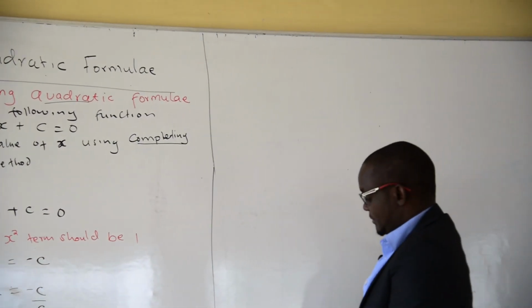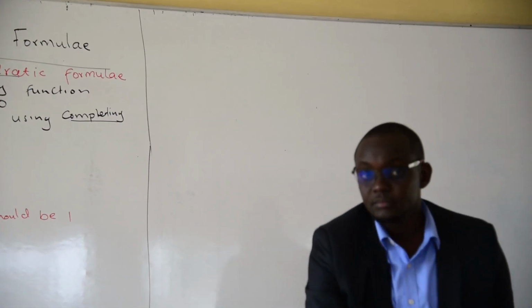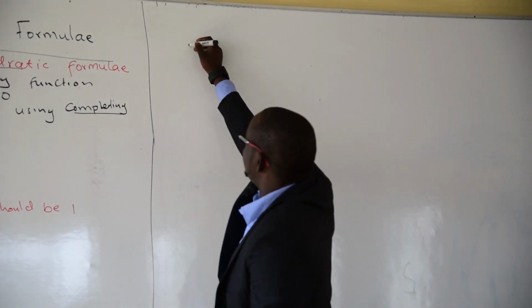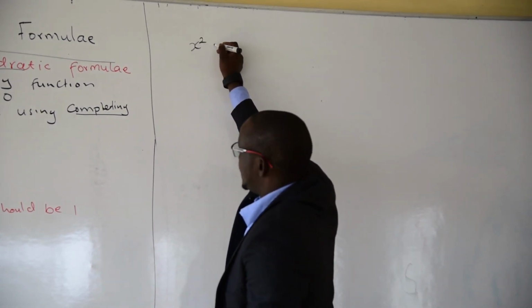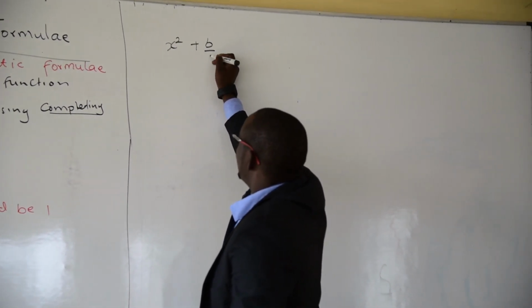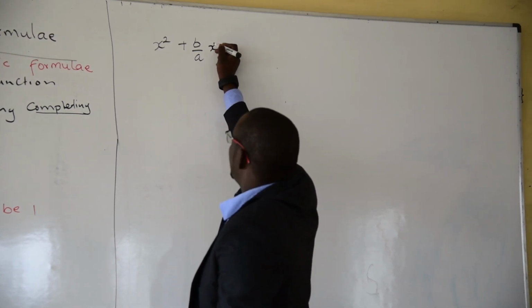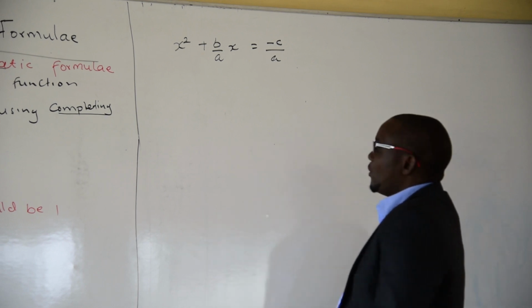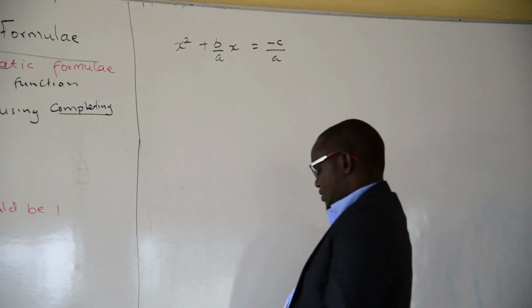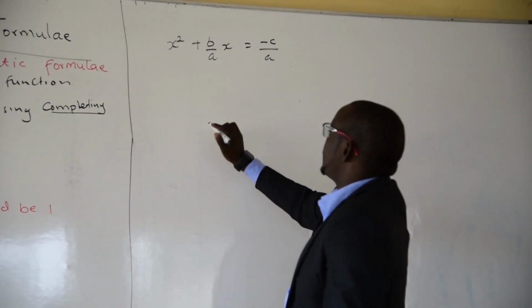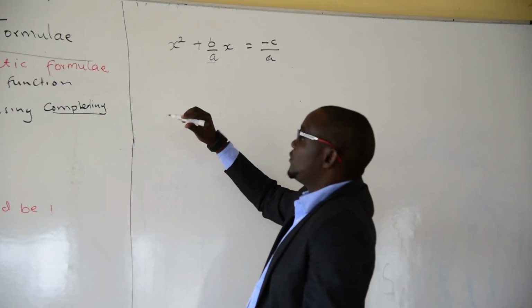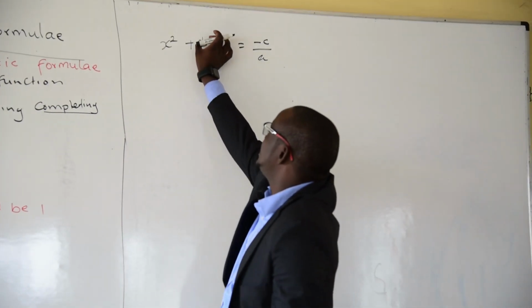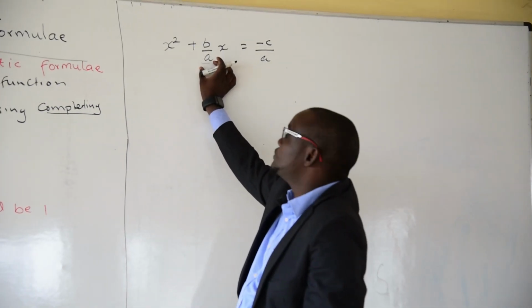So now we have x squared plus b over a, x equals negative c over a. When we are using completing the square, we take our b term, b over a, and divide it by 2.